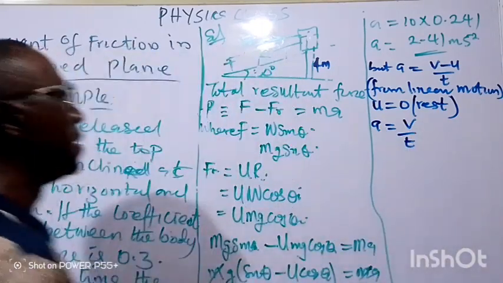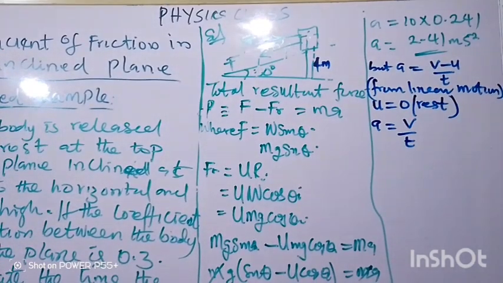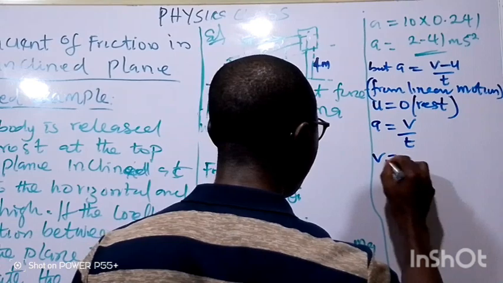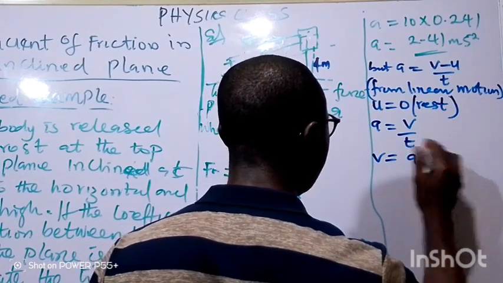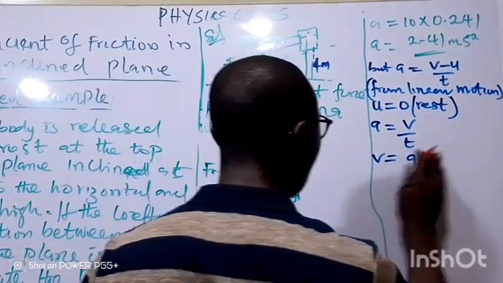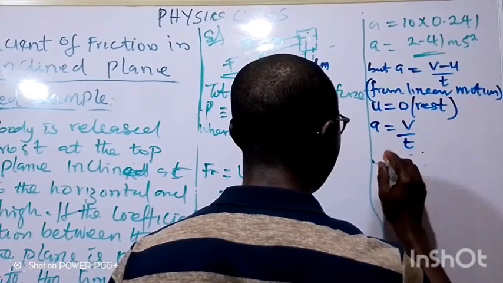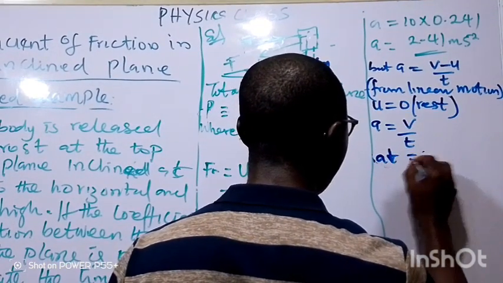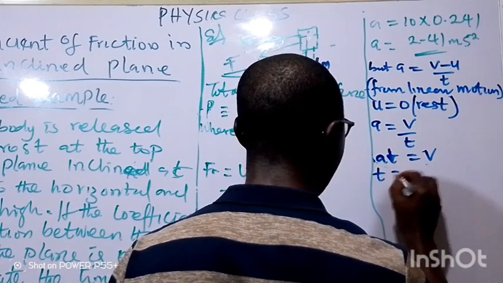So v will be equal to at. We need t, so make t the subject of the formula. So t is equal to v over a.